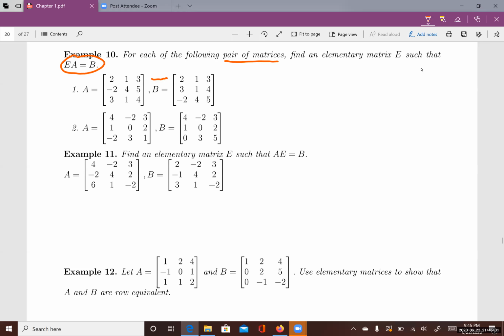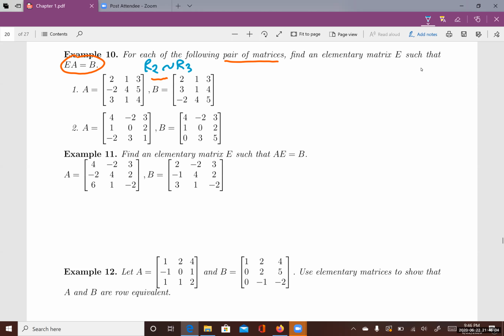Row 2 and row 3 are switched. Row 2 in A is row 3 in B, and row 3 in A is row 2 in B. That means the row operation done on A to get B is to interchange row 2 and row 3.